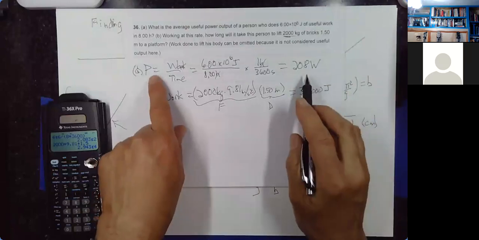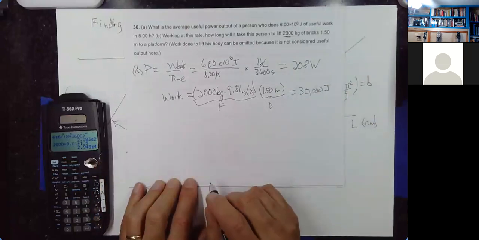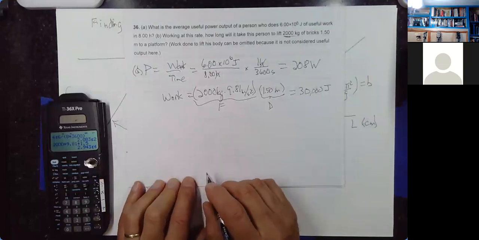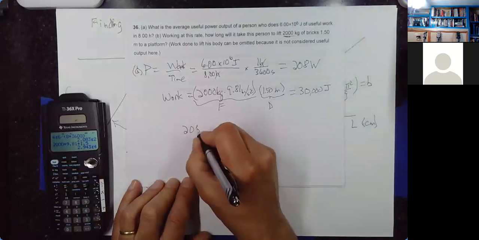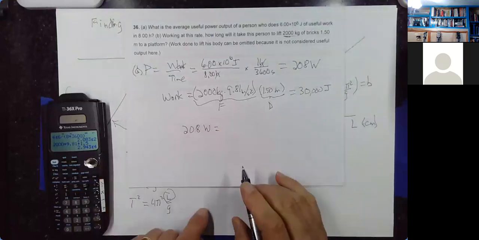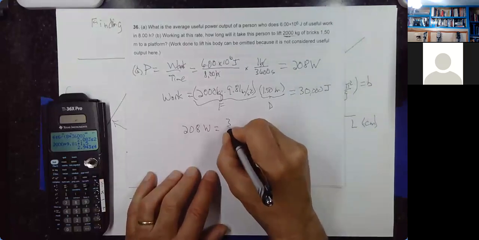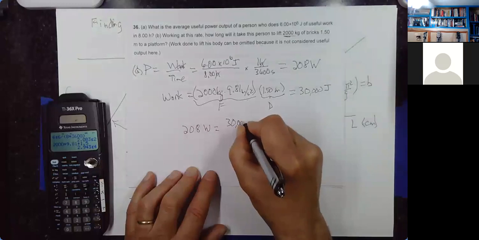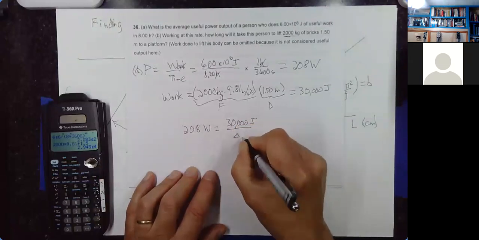Now, our power rate is 208 watts, and that's work over time. And so we have 208 watts, if we're still working at the same rate, is going to equal 30,000 joules divided by some time that we don't know.